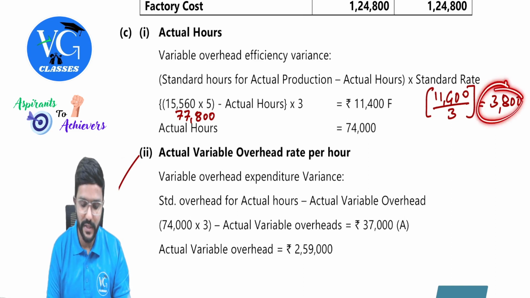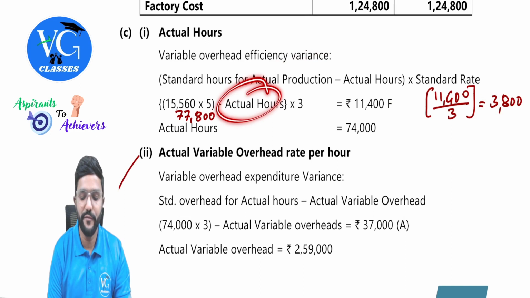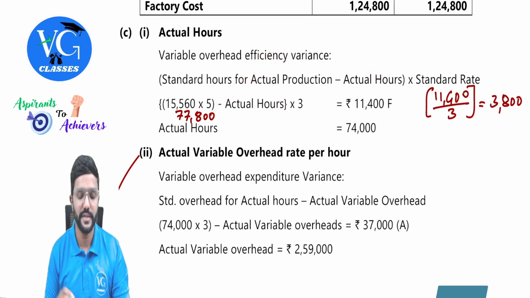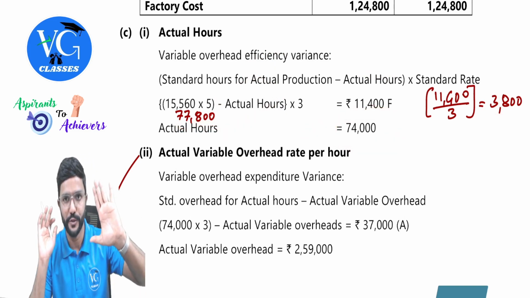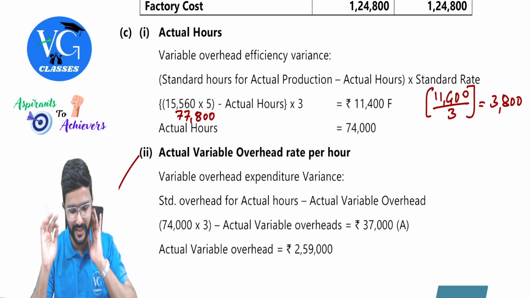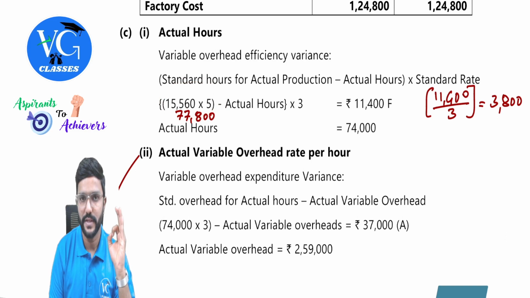So now take 3,800 to the other side. It becomes minus. And this, if you take to the other side, it becomes plus. So 77,800 minus 3,800, you will get 74,000. That is the actual hours worked. Hope you understood. I repeat the steps. Here directly they have done: standard hours we will get 77,800 minus actual hours into 3.